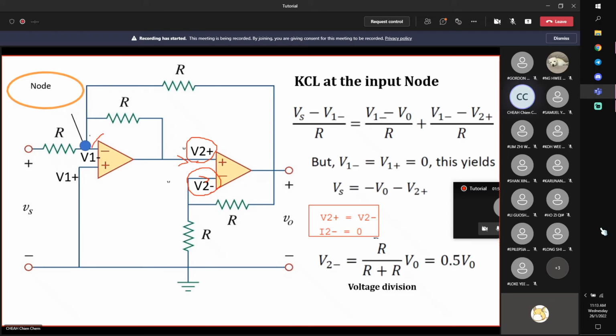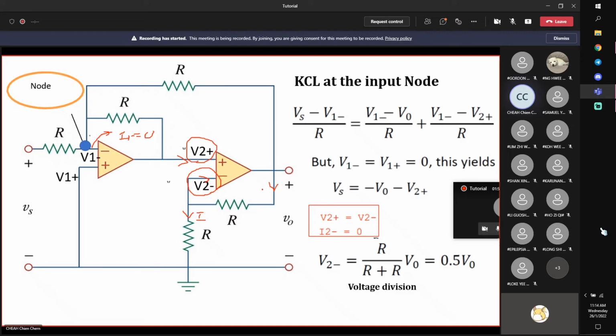Just now over here also, we impose this one. The current I minus is also equal to 0. No current flow through here. So here, also no current flow through here. Okay, if there's no current flow through here, then imagine there's a current from here. And when you come to this junction, no current can flow inside here. All the current must flow through here.